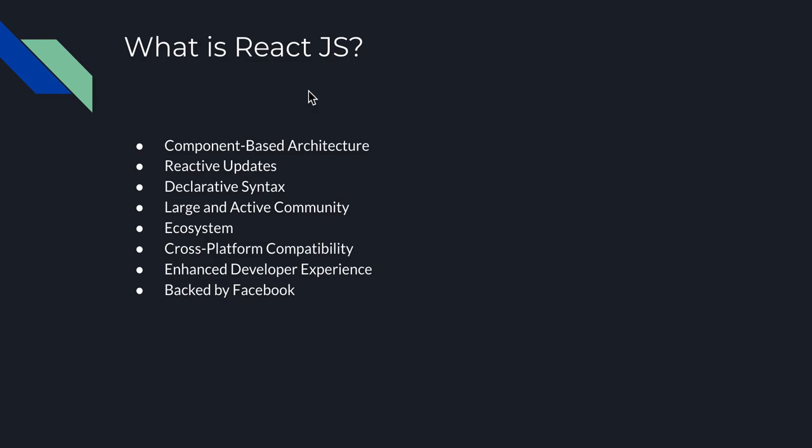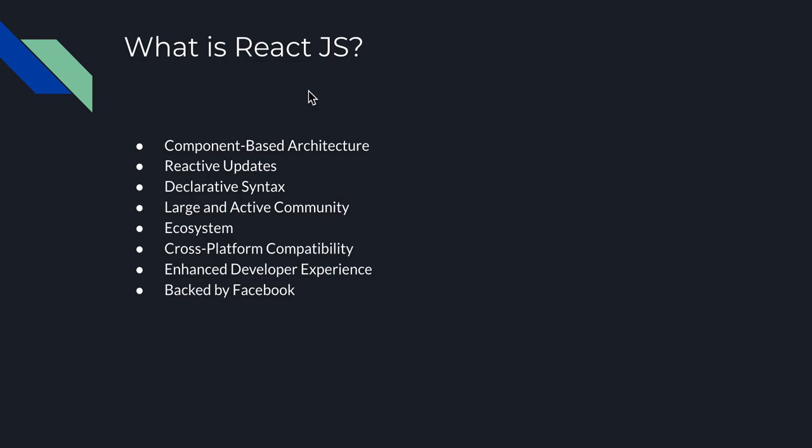The other advantage of the ecosystem is, for example, if I need a calendar component in React.js and develop it from scratch, it will take 3 to 4 days. But because of the ecosystem, we can directly find that component, get it, and use it in one day.